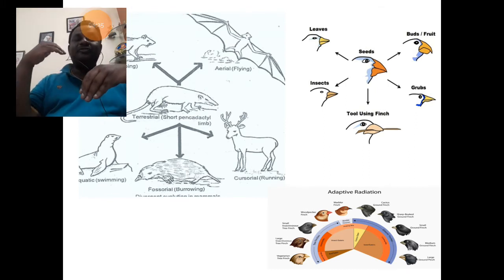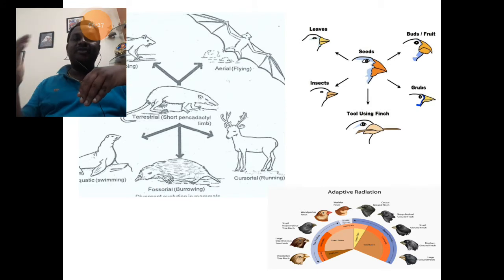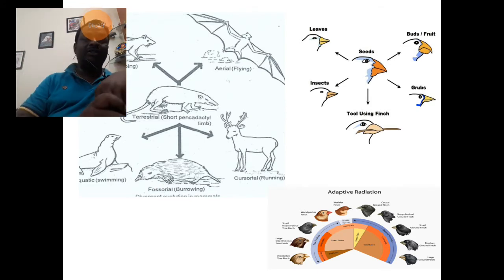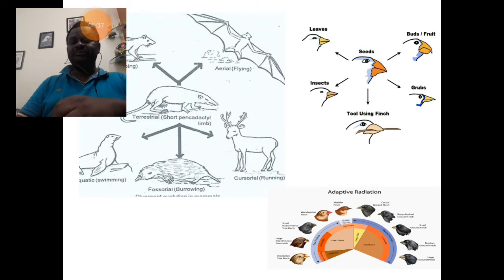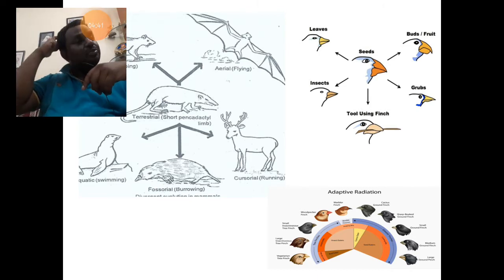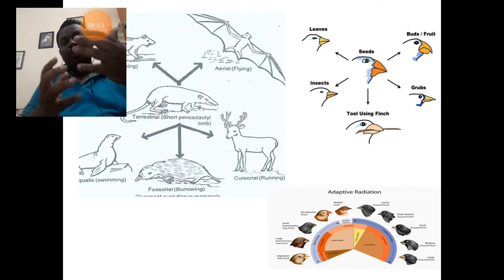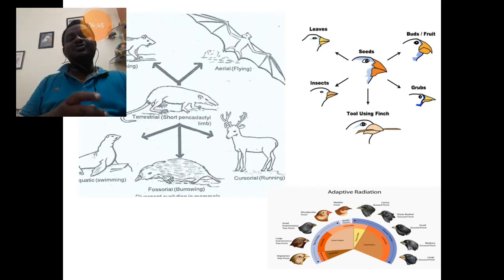Some started to feed on the leaves, some on the insects, some on the fruits, some on the cactus, etc. Accordingly, they started modifying their beak. So based on their feeding mode, the beak modification was seen in these finches. A very good example of adaptive radiation.